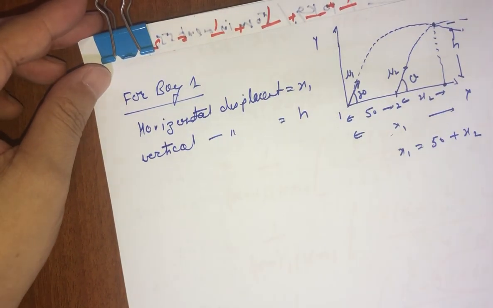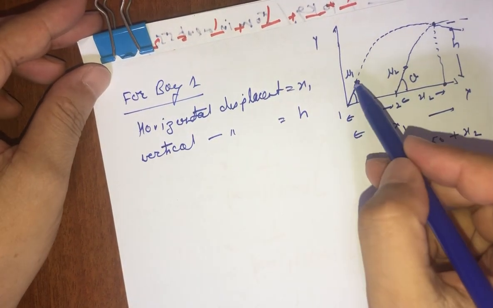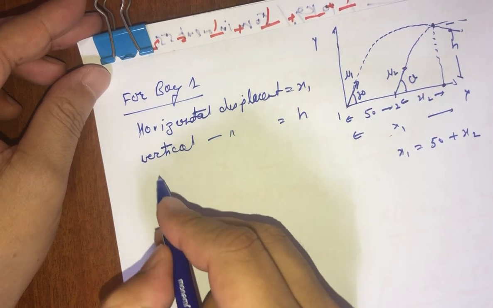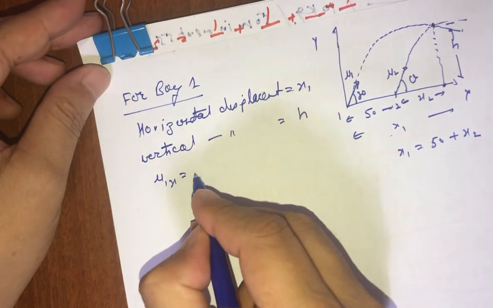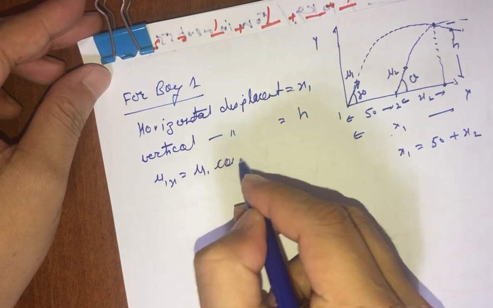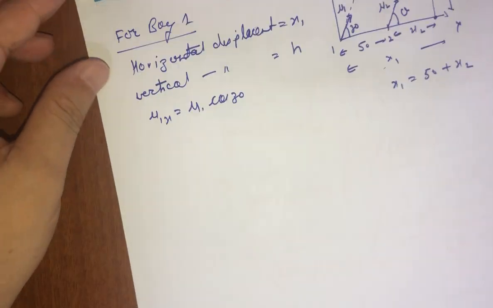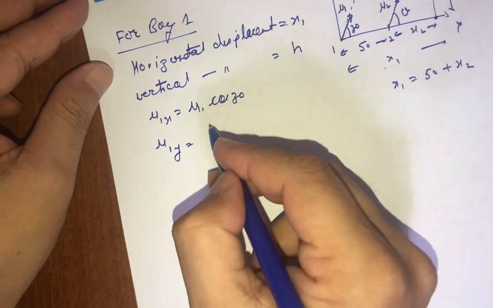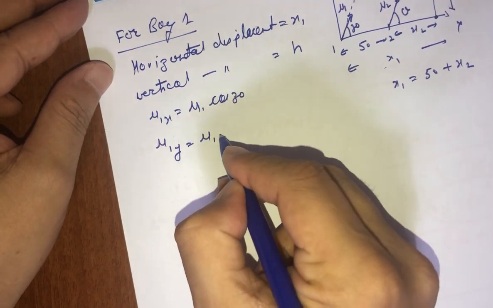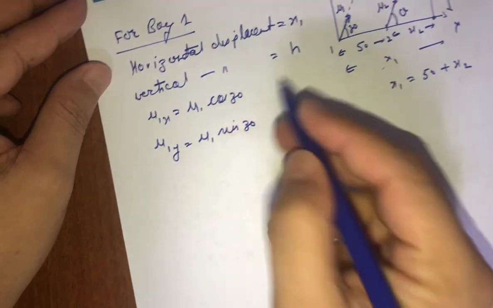Now we have the horizontal component as well as vertical component of u1. We can write u1x is equal to u1 cos of 30 degree, and its vertical component u1y is equal to u1 sin 30.